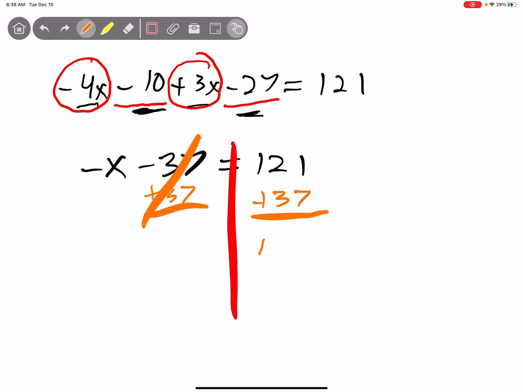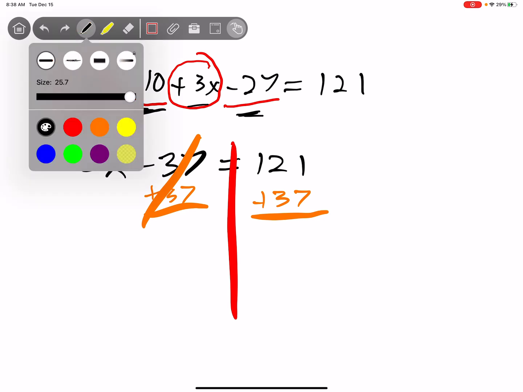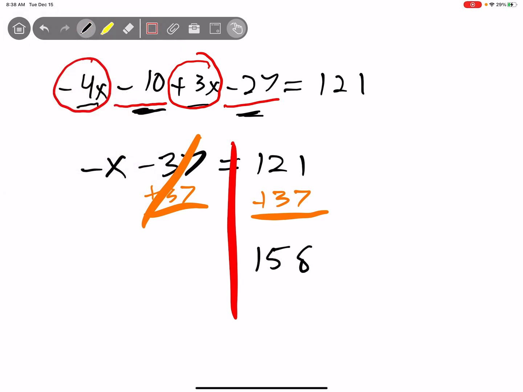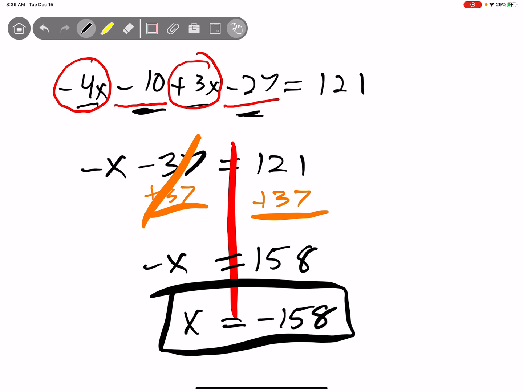And it's also in the wrong color. 158. The opposite of x equals negative 158. So now I'm going to multiply or divide by negative 1. Negative 1 times negative x gives me positive x. Negative 1 times 158 gives me negative 158. And that is my answer.